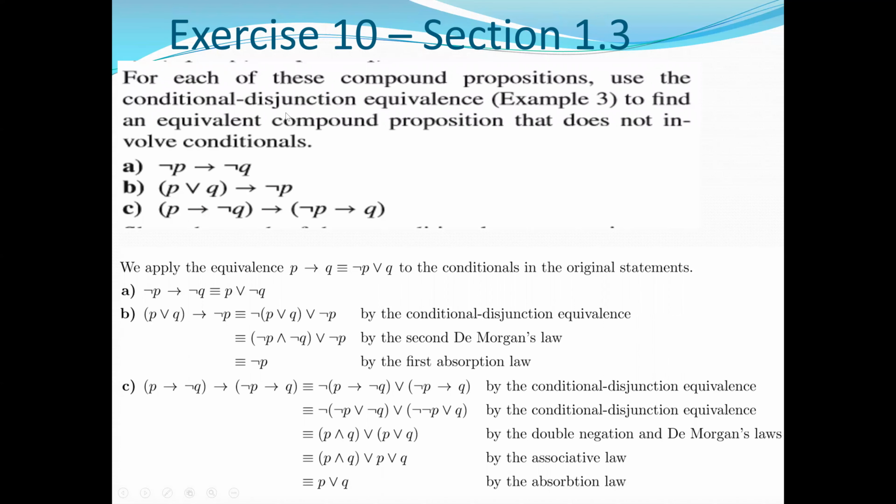Question number 10, exercise 10, section 1.3. They say for each of these compound propositions, use the conditional-disjunction equivalence, which we saw in our slides example 3, to find an equivalent compound proposition that does not involve conditionals.